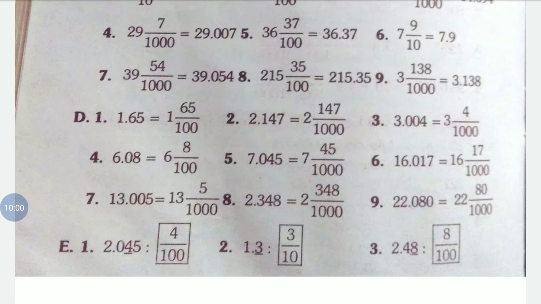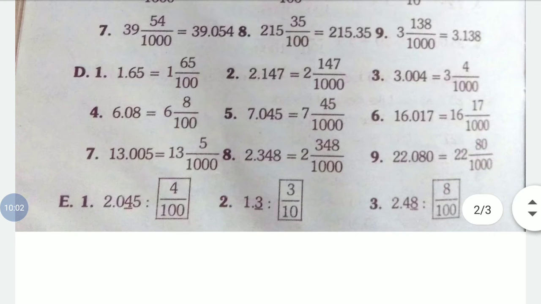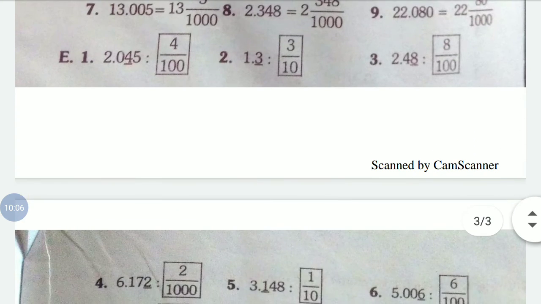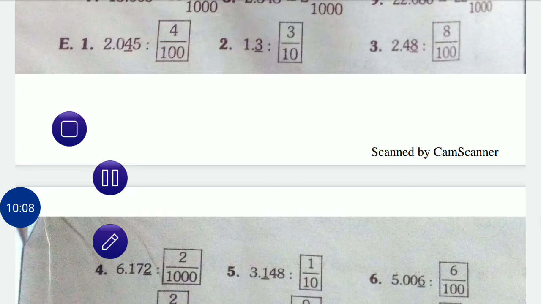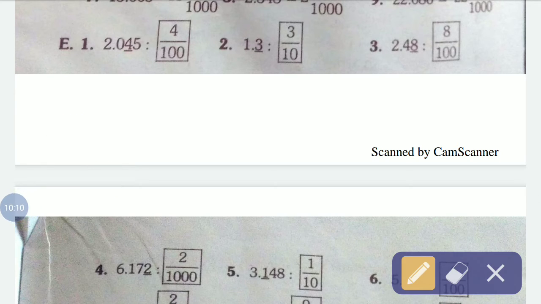So here the place value of 4 will be 4 upon 100 because your decimal point is after 3 digits, and it is the second place, so it will be 4 upon 100.